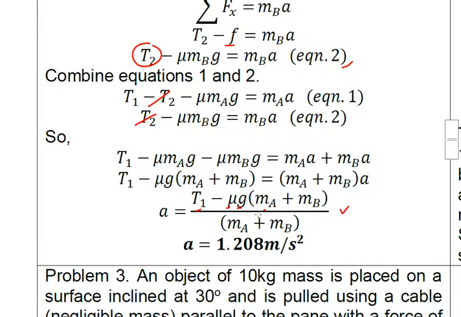Acceleration of the system is 1.208 meters per second squared. Okay, so going to the positive x direction, that is why it's positive. If this one goes in the negative x direction, then this one has to be negative.